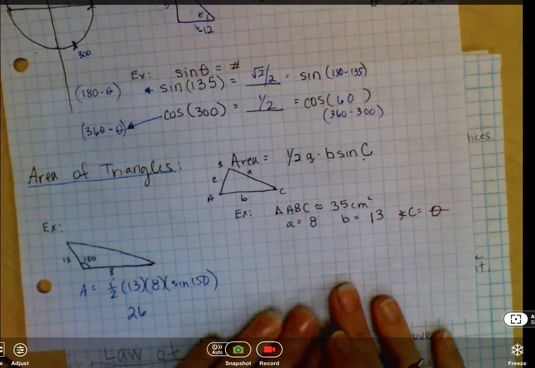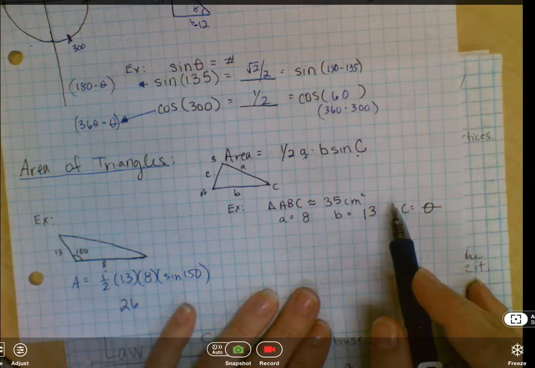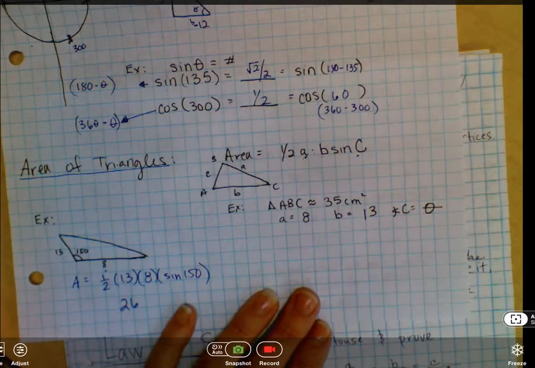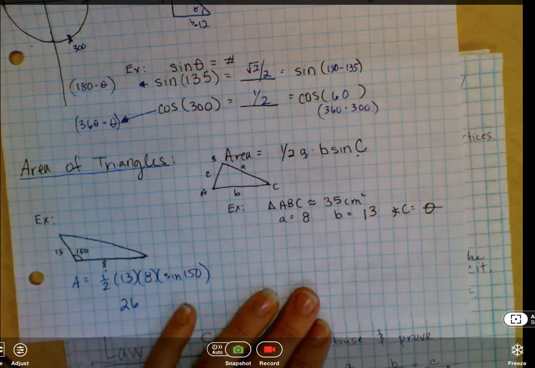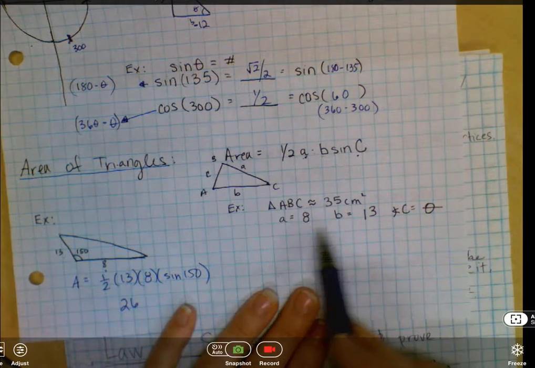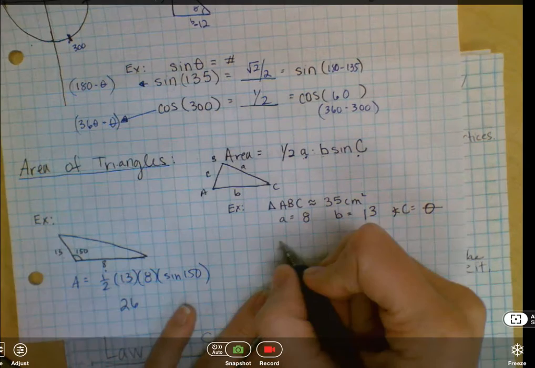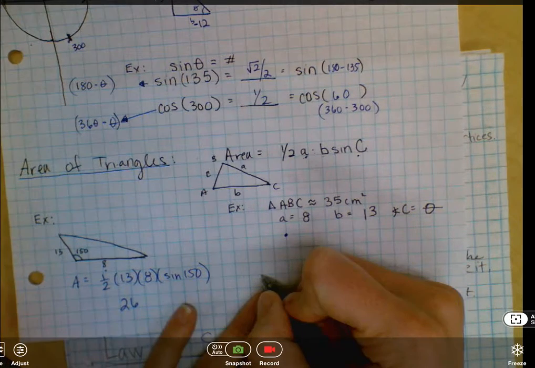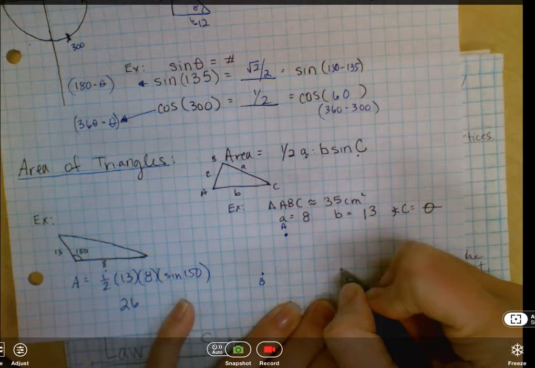Okay. This question's asking a slightly different type of setup, where they've given us the area of the triangle and then provided us some information about it. So I have A, B, and C, where C is the included angle. So I have a triangle A, B, C, something like that.